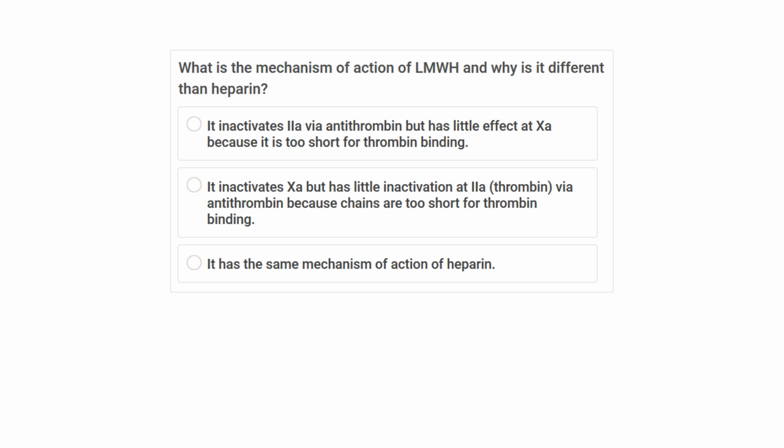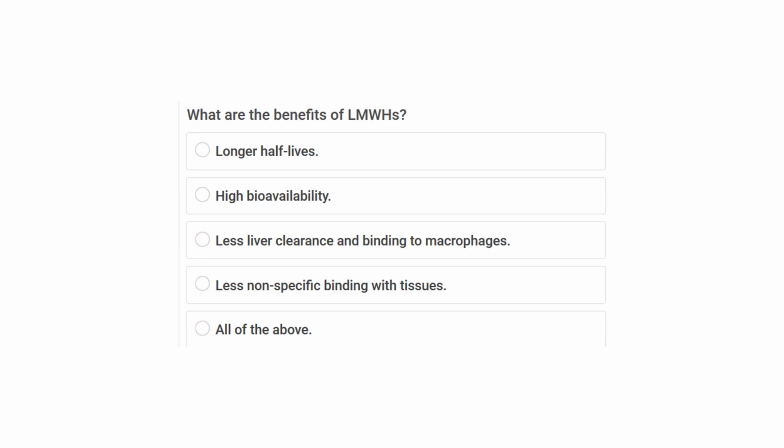The unfractionated or standard heparin was inhibiting two factors and this is inhibiting only one factor. So solve it. What are the benefits of low molecular weight heparin? There are many, so there is another option, all of the above. So it is also a very easy question.